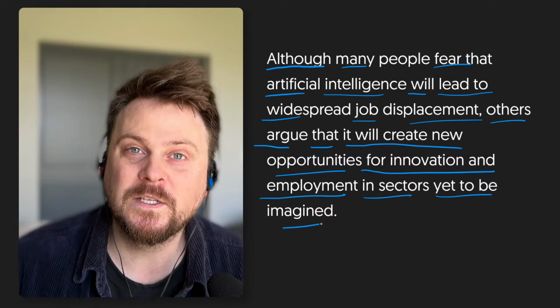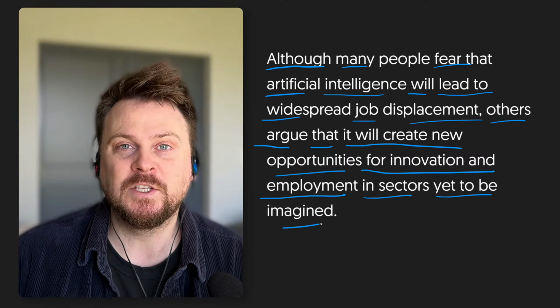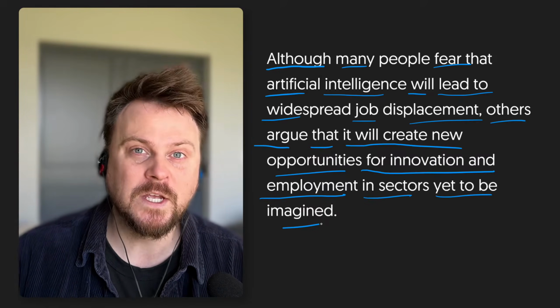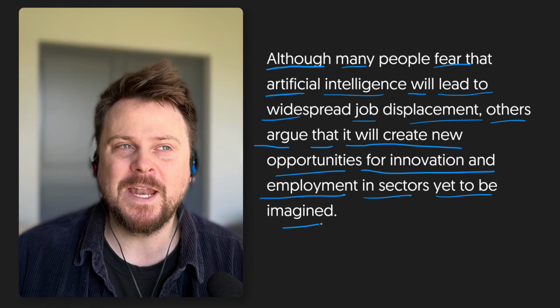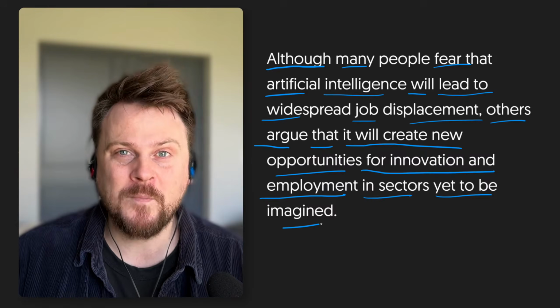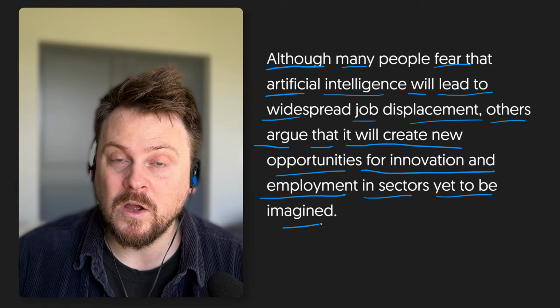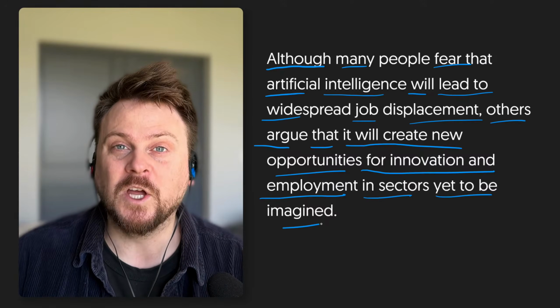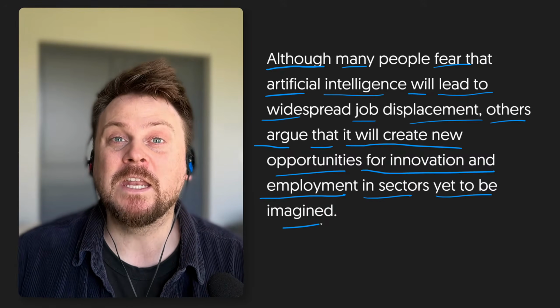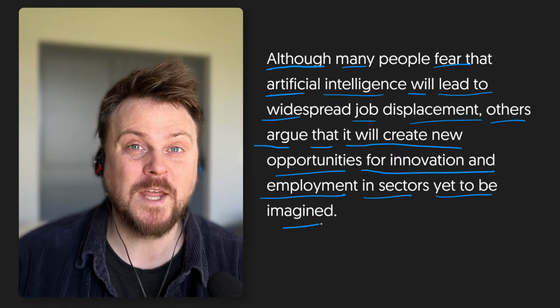Well, the first realization that you have to have is that just because a sentence is long or has big words does not mean that it is grammatically difficult. That is a very important thing to understand. Just because a sentence is long or has big words does not mean that it is difficult from a grammar standpoint.